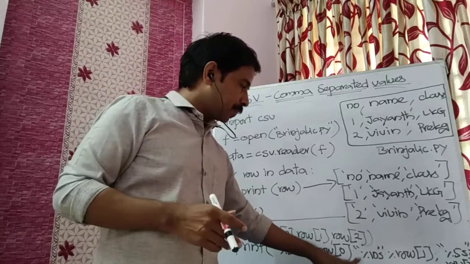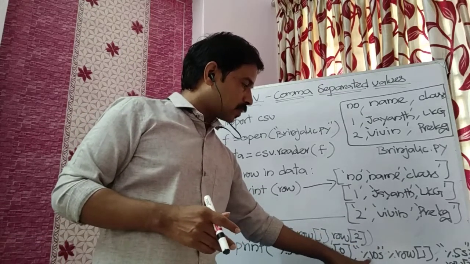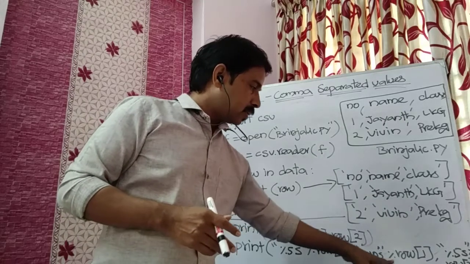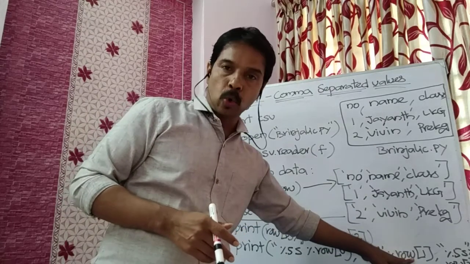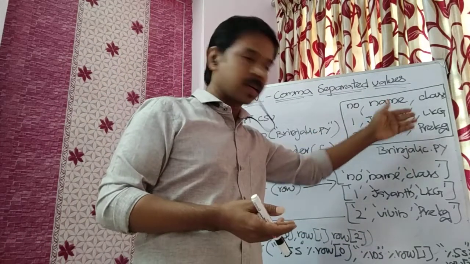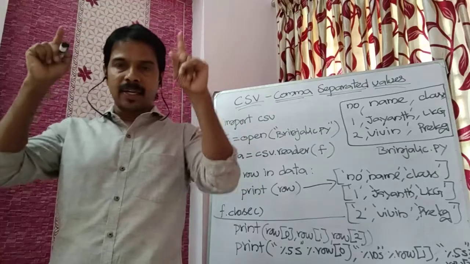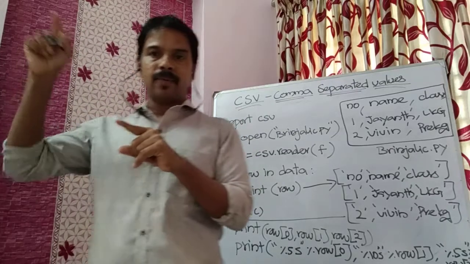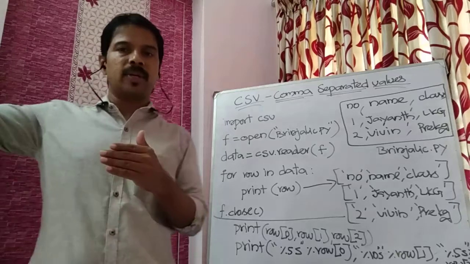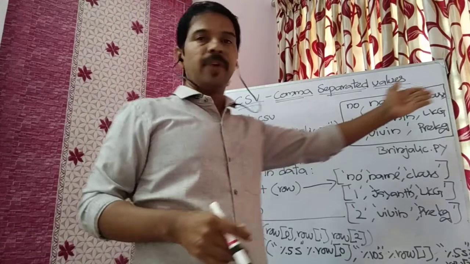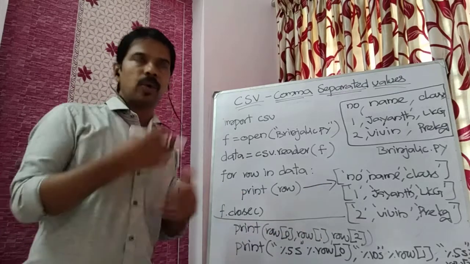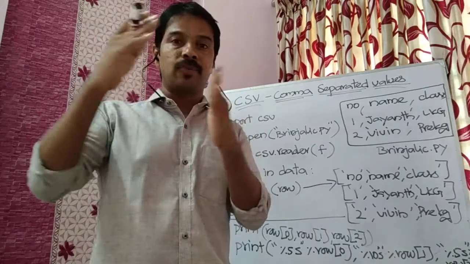For the second column, inside the double quote, percentage 10s, I am leaving 10 spaces, then percentage row 1. In the same way, to print the third column, inside the double quote, percentage 5s, then percentage row of 2. Like that, one by one, you can keep going. If 10 fields are there, you can keep giving them continuously this way. In this way, you can print the content with format also.